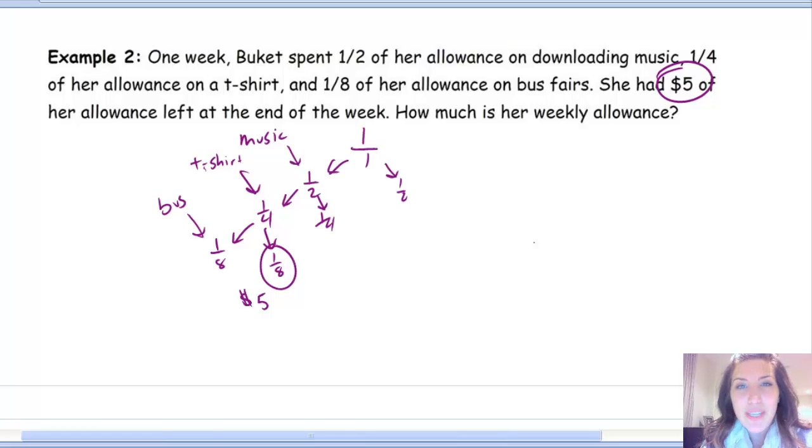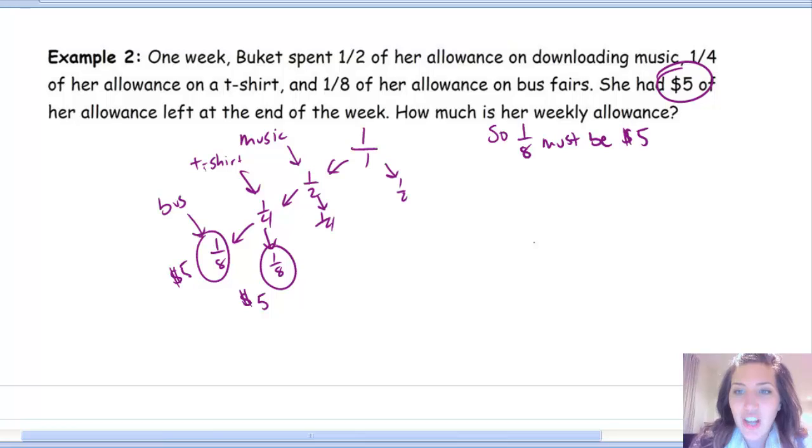So one way that you can work this out would be backwards. Remember, we talked about ways that you can solve a problem. One of them is working backwards. So if 1/8 is $5, then she must have spent $5 on the bus. And if $5 and $5 goes into the quarter, then she must have spent $10 on a t-shirt. So 1/8 must be $5. That means 1/4 must be $10.